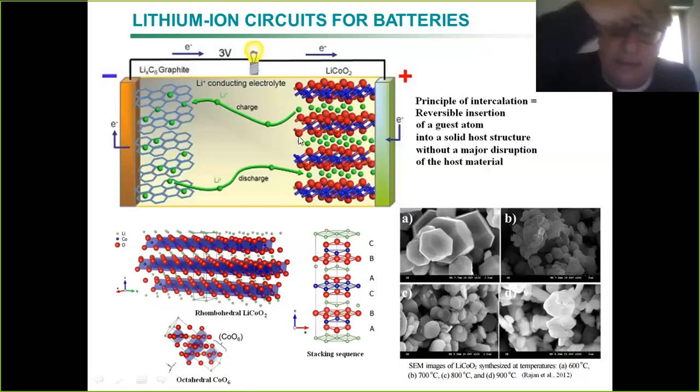In particular, we have a rhombohedral lithium cobalt oxide structure, which is created by that precursor, which is that cobalt hexa oxide structure, which is an octahedral one. In practice, you have a precise stacking sequence, which is the best one to allow electron circulation.